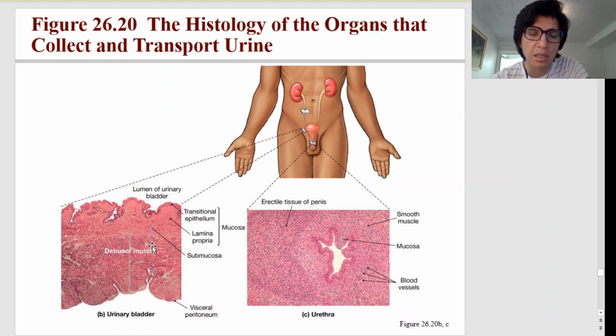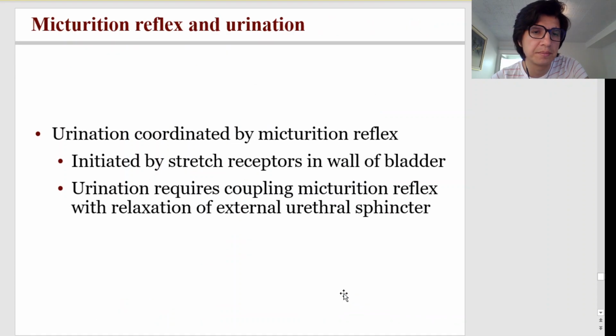The detrusor has two longitudinal smooth muscle layers sandwiching a circular smooth muscle layer. This is a view of the urethra, same view. Here you have an epithelial layer and lamina propria and smooth muscle surrounding it.